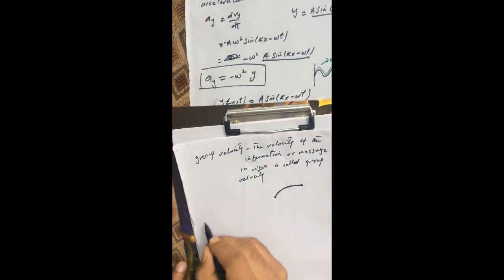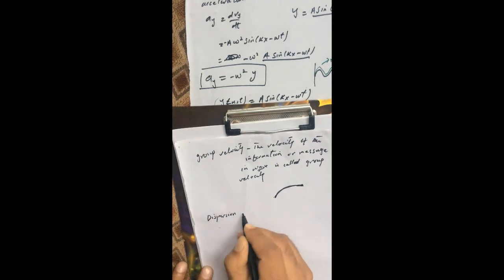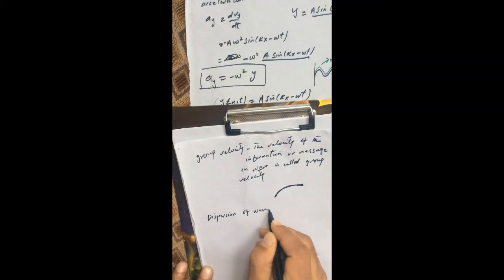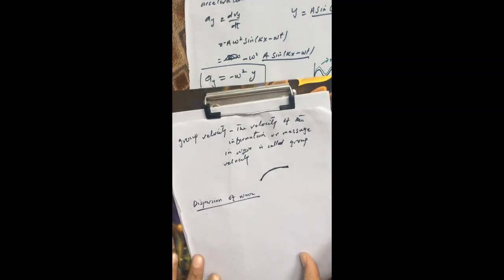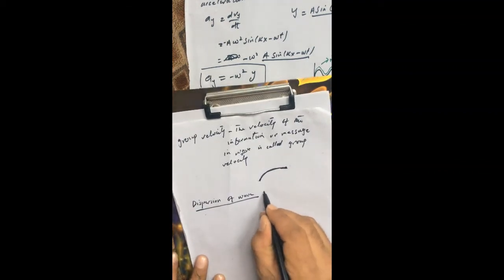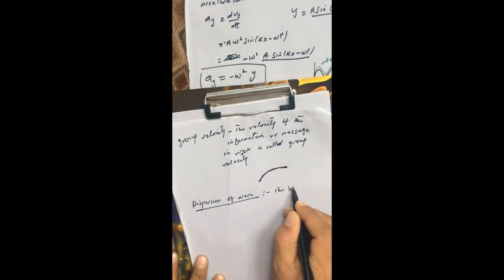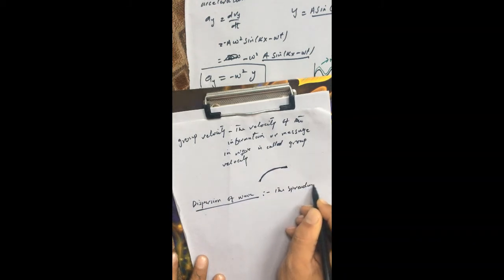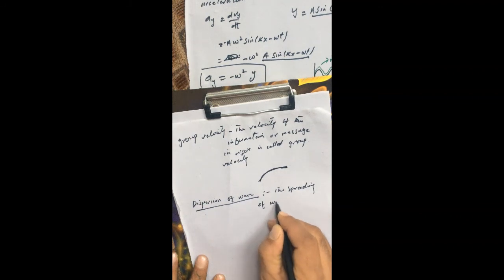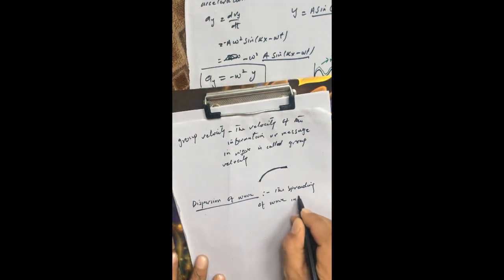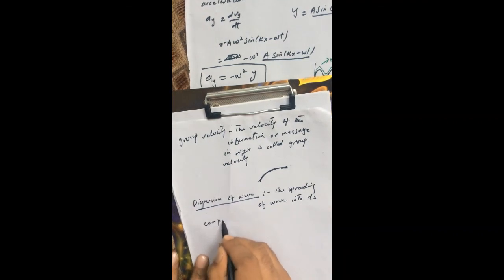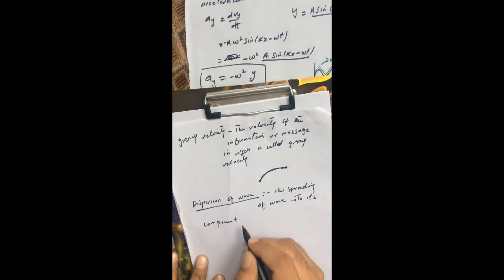Next we have dispersion of wave. The spreading of a wave into its components is called dispersion of wave.